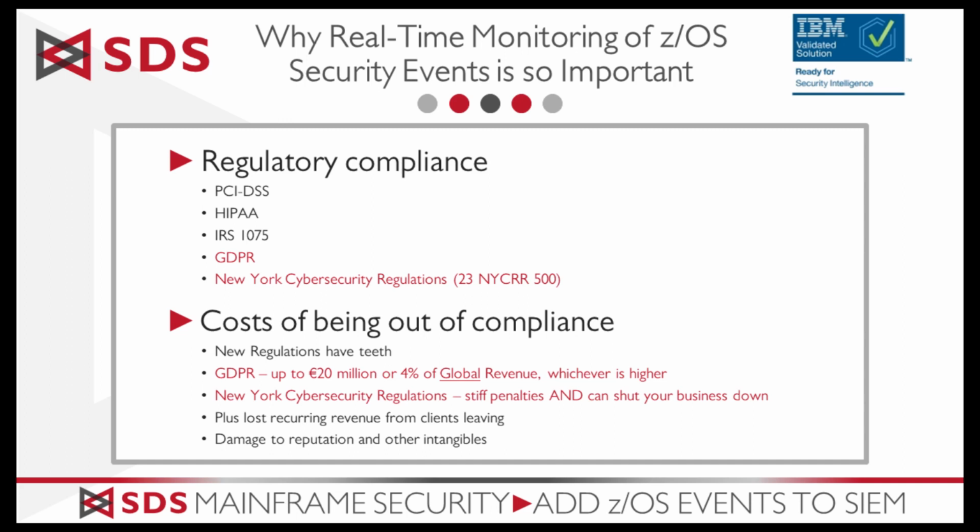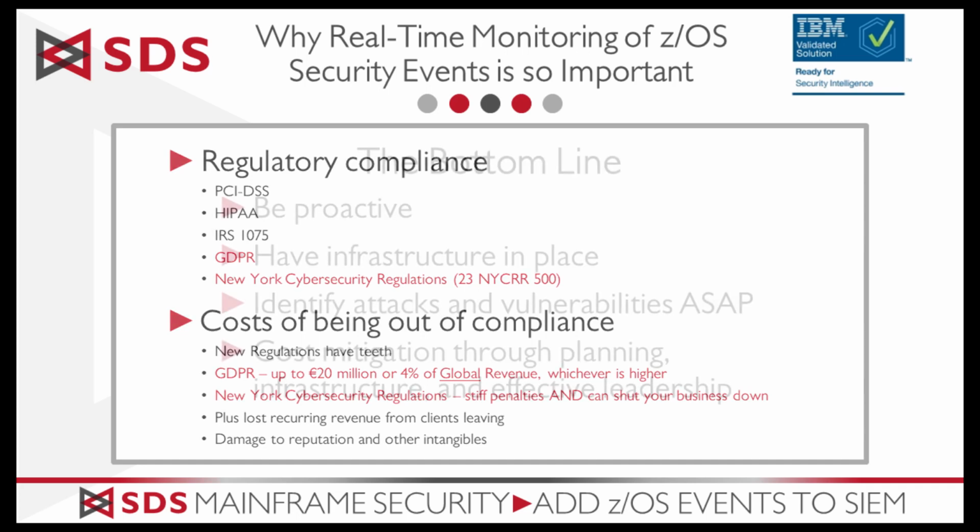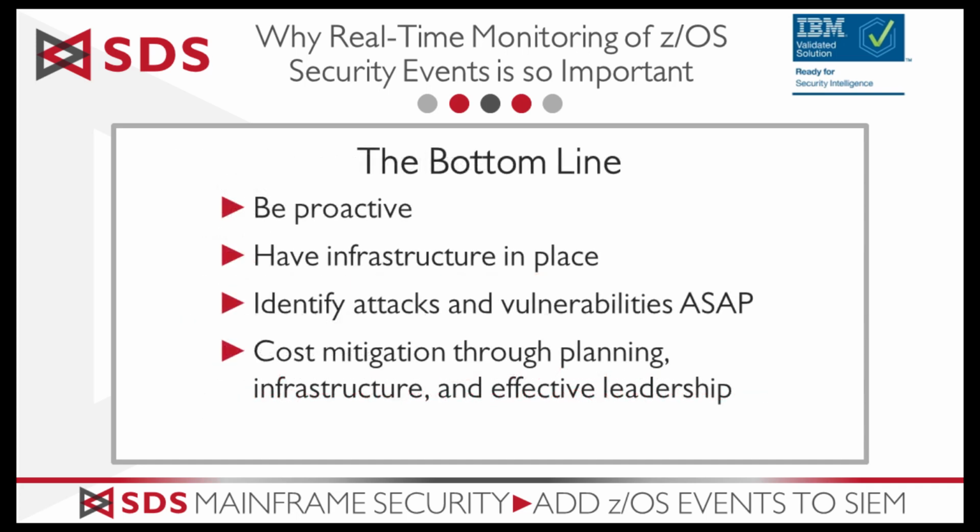The correlation engine in these SIEMs is the real value of an enterprise SIEM, looking for events or anomalies that could be an evolving threat originating from any system across the enterprise that needs to be evaluated. So here's the bottom line.